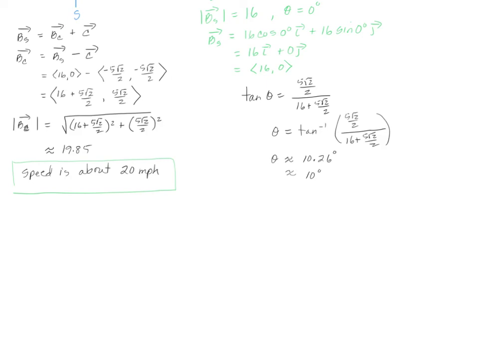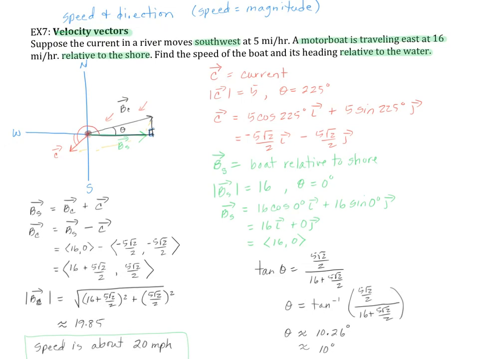So if I were to describe a heading, going back to our diagram, here's the tricky part. Since my vector is in quadrant 1, I always start with either north or south.